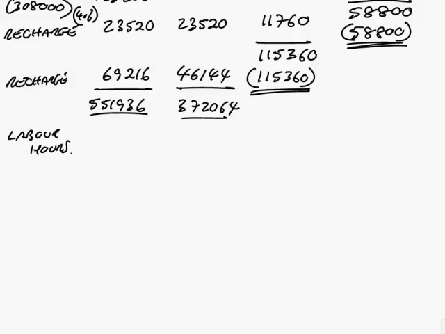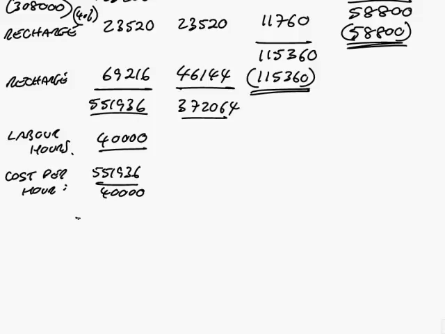And so every hour worked in A will be charged at 13.80 per labour hour. I shouldn't need to remind you, but the terminology, the charging rate, the cost per hour, that is the absorption rate. Every labour hour worked in A will charge overheads $13.80.